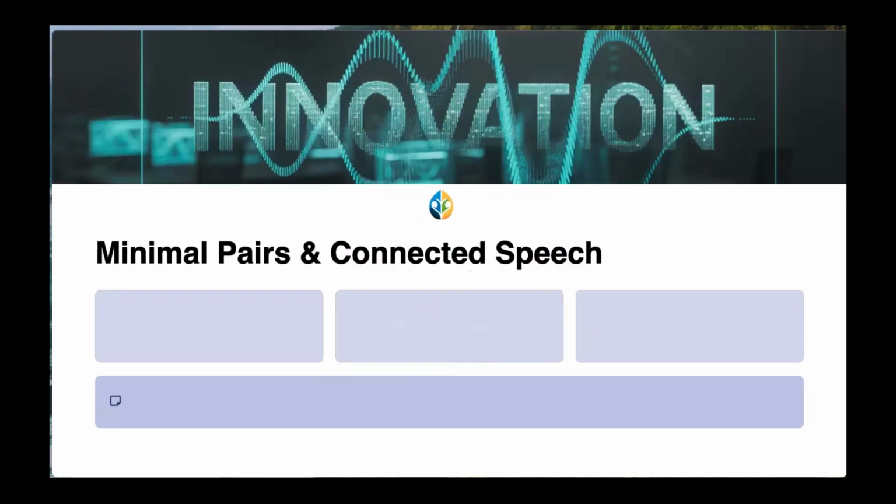Minimal pairs and connected speech. This is all about targeting problem sounds, such as ship and sheep. Cab. Especially when someone is speaking fast, as a non-native speaker, this might seem to run together when a native speaker can actually follow it.